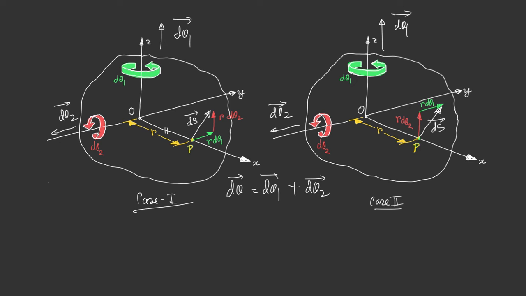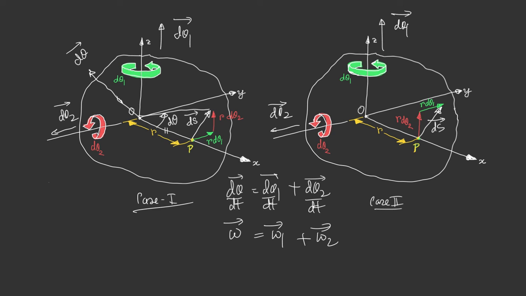The d theta vector is the same in both cases. That's why infinitesimal angular displacements can be regarded as vectors. Dividing by dt, angular velocity is also a vector.